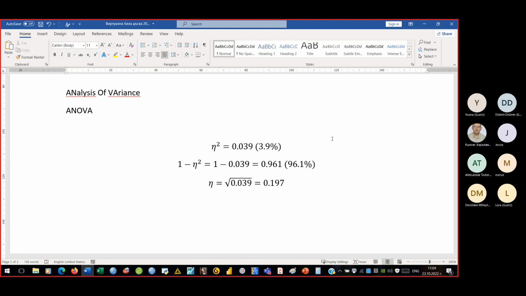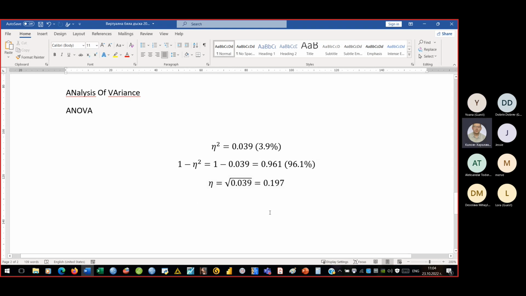Almost 96% of variance of optimism are explained by all other possible factors, and 0.197 is between 0 and 1/3. So our conclusion will be that the relation between marital status and optimism is weak.